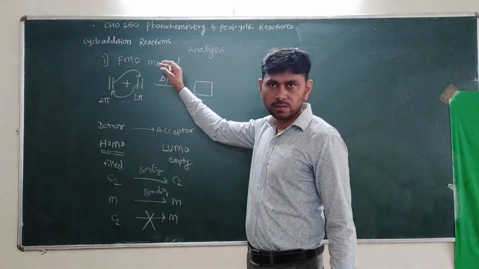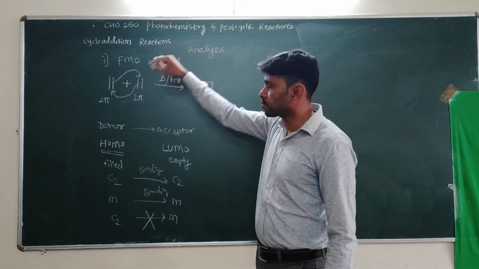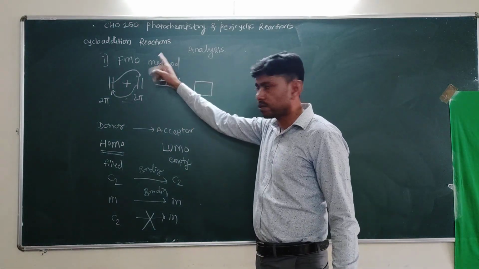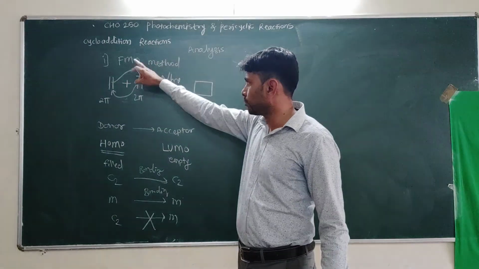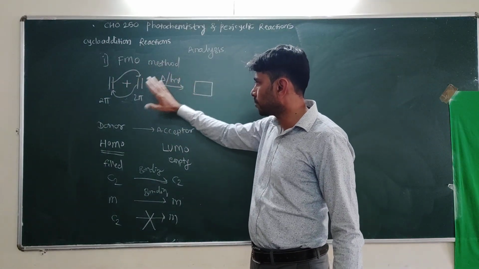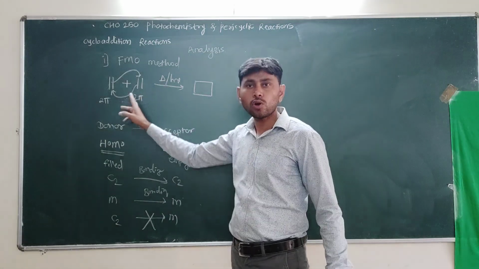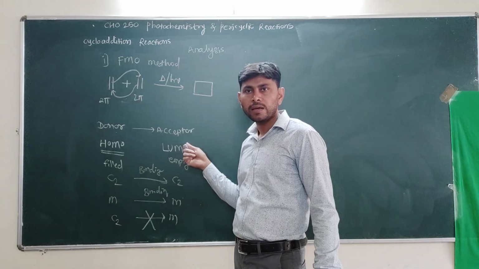So this is an overview of the FMO method for the analysis of cycloaddition reaction, which we will see in detail in the next lecture. For a cycloaddition reaction to occur, one partner must be a donor and another must be an acceptor.